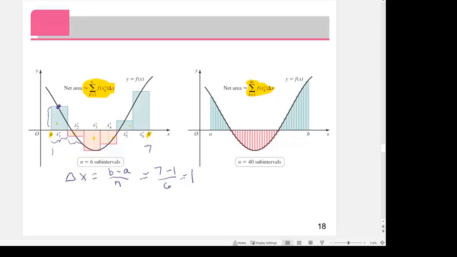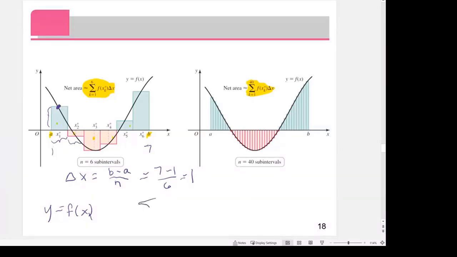And then the height is always going to be whatever my f of x is, which is my y. But notice there are different x's. So that's why we call it x sub k.